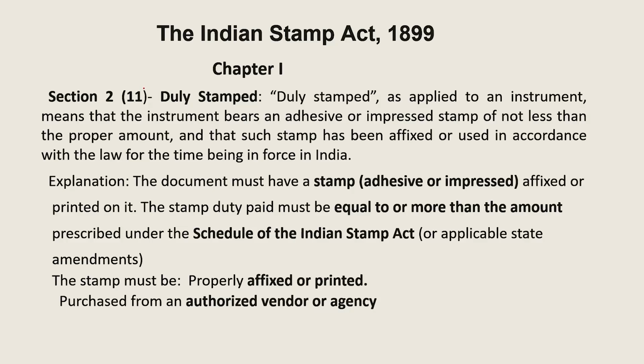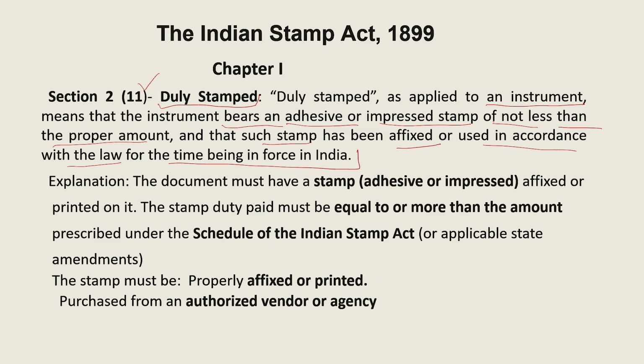Now let us see how section 2, clause 11 defines what is duly stamped. If we know what a stamp is, and the two types of stamp, duly stamped means, as applied to an instrument, that instrument which bears an adhesive or impressed stamp of not less than the proper amount, and such stamp has been affixed or used in accordance with the law for the time being in force in India.